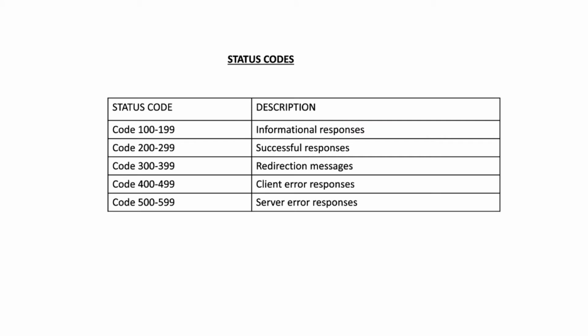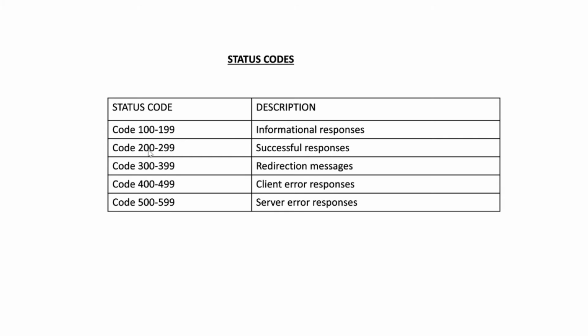What are the ranges, or how are they classified? The status codes, as you can see here, are presented as numbers. The numbers go from 100 to 500. The codes from 100 to 199 are informational responses.